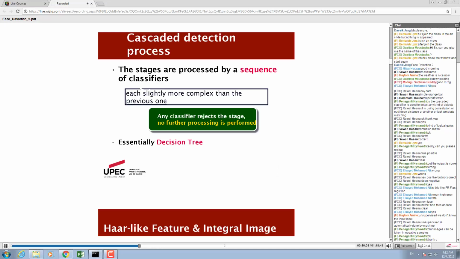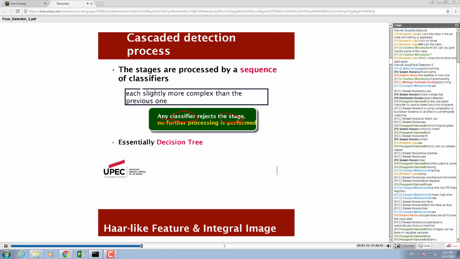It is essentially very similar to a decision tree classification system. By constructing the classification system this way, dividing it into small classifiers, we can make the whole classification system more efficient. The main idea is that every stage is composed of a classifier.